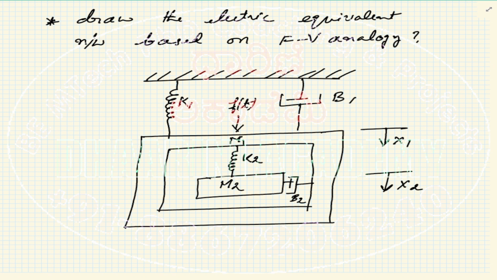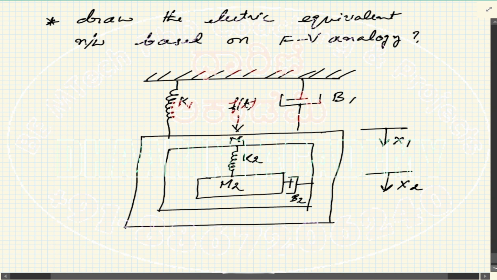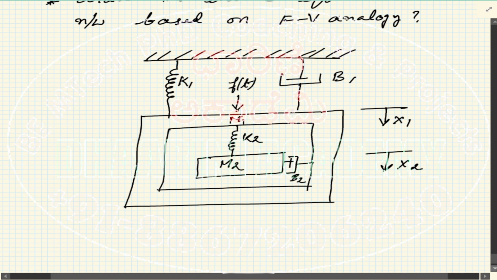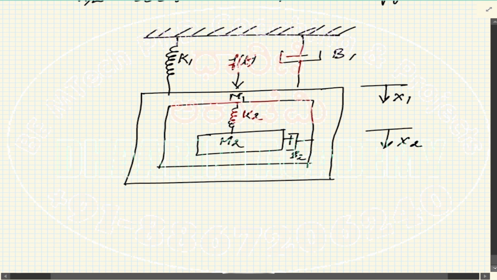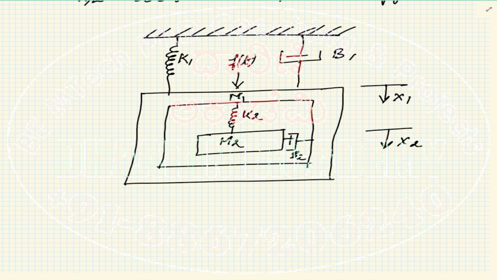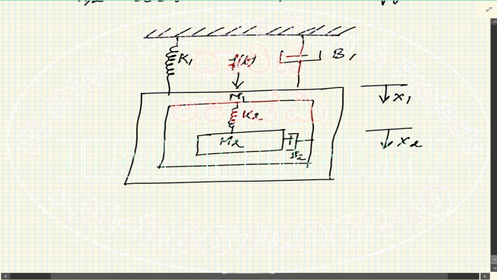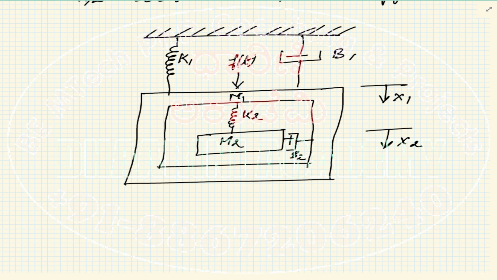Our intention is that we want to convert this into its equivalent electric circuit, right? So whenever we want to do so, the first step remains the same as our previous case. I need to write the differential equation. In order to get a differential equation, I need to convert the mechanical block diagram into the network, correct?